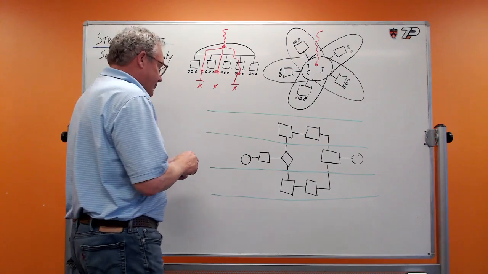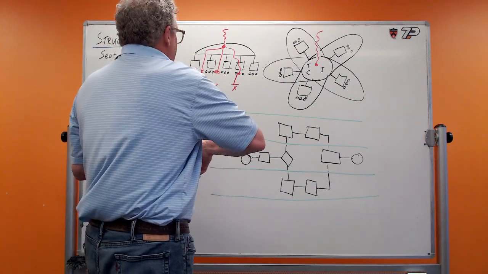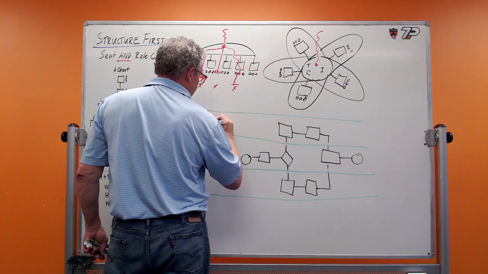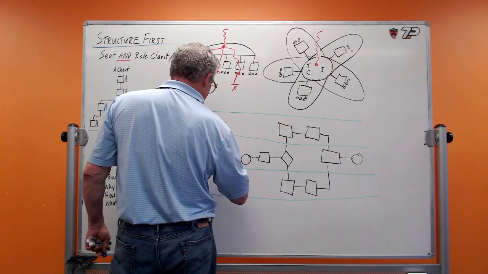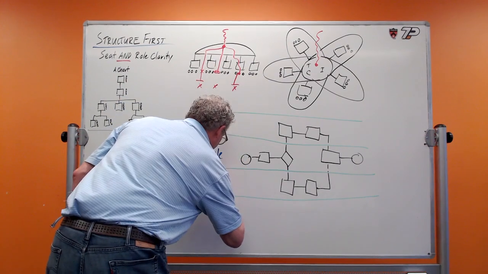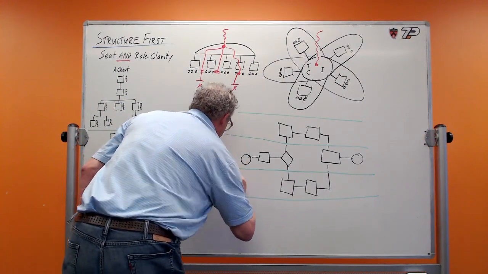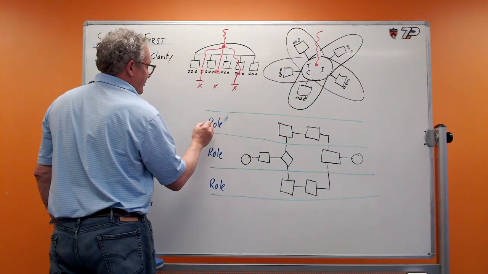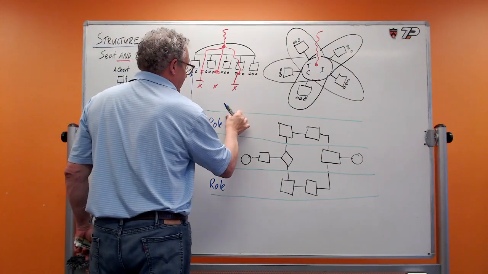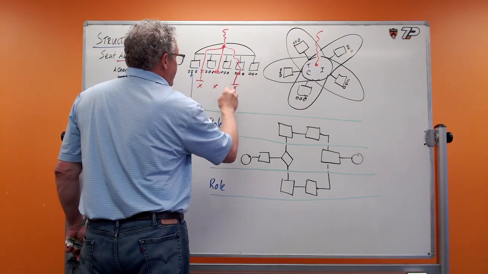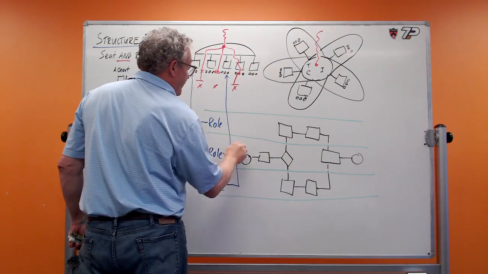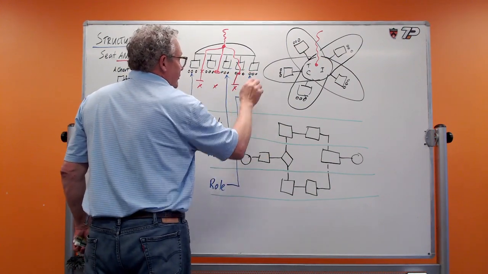And swim lanes are actually owned by roles. So we have a role, we have a role, and we have a role. And these actually map. Here, that role is doing these procedures as part of this process. This role is doing these procedures as part of the process, and this role is doing those procedures.